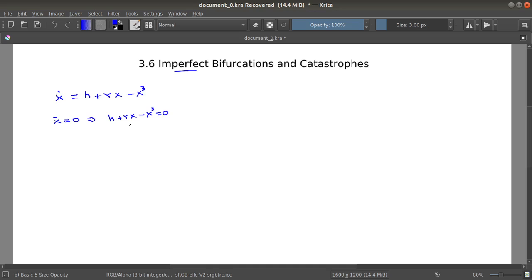Now if you see, this equation is actually a cubic equation. I cannot reduce it into a simpler form because h is no longer 0, so it is difficult to proceed further with this form.